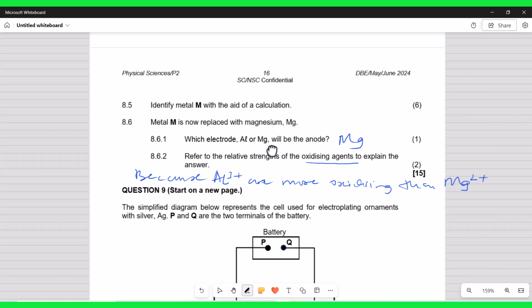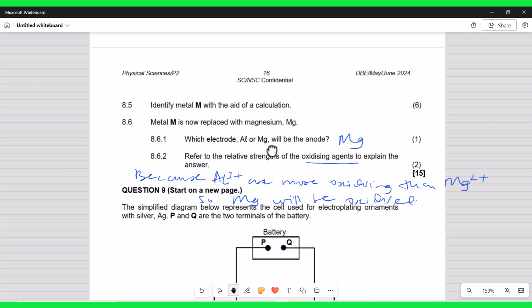And so because of that, magnesium will be oxidized. Magnesium will be oxidized, okay?